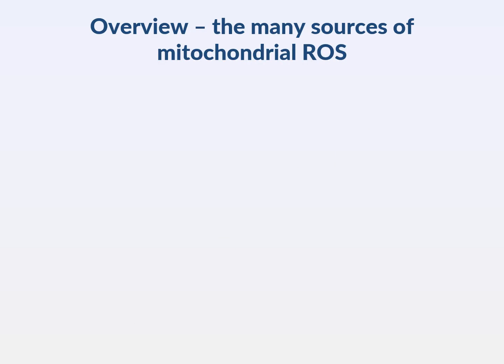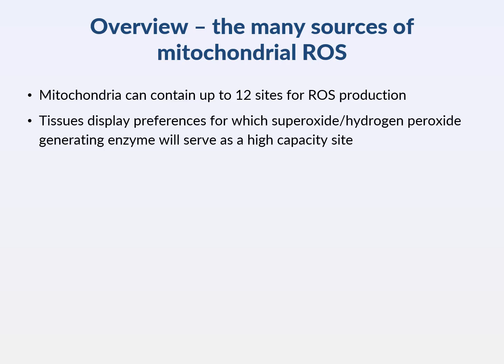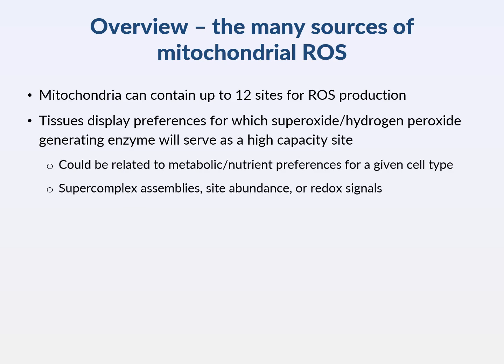So I'm just going to provide a quick overview of the many sources of mitochondrial reactive oxygen species. First, I covered how mitochondria can contain up to 12 sites for ROS production. Tissues display preferences for which superoxide hydrogen peroxide generating enzymes will serve as high capacity sites. This could be related to metabolic or nutrient preferences for a given cell type, or be associated with differences in how hydrogen peroxide superoxide production is regulated.